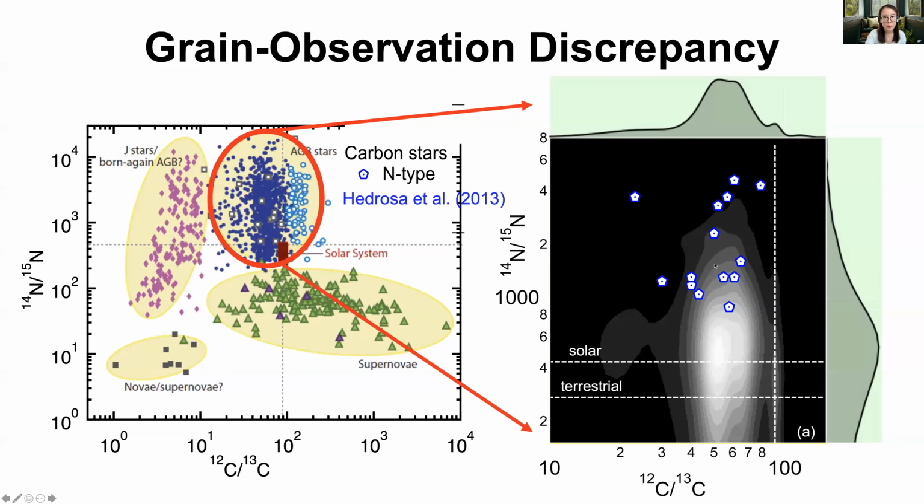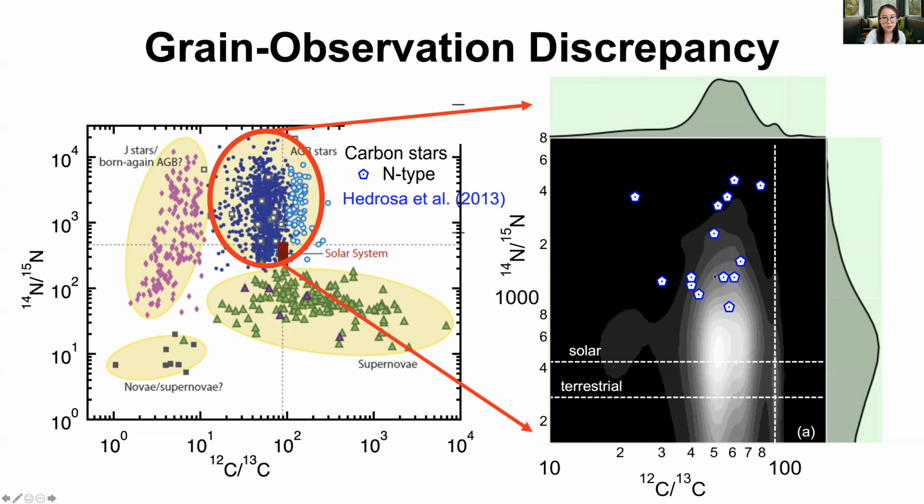These blue stars shown here were reported by Hedrosa et al. 2013. Immediately, we see that compared to the stellar observations, the high density grain region shows lower nitrogen-14 to 15 ratios, and there's a discrepancy between the grain data and these stellar observations.